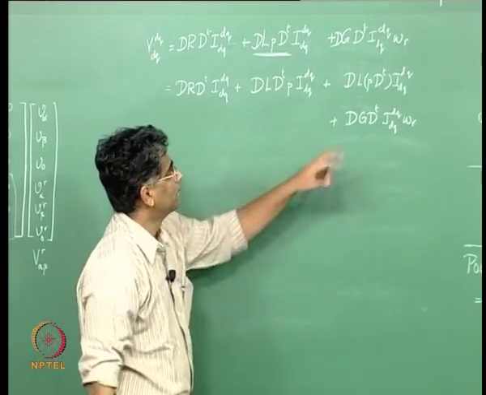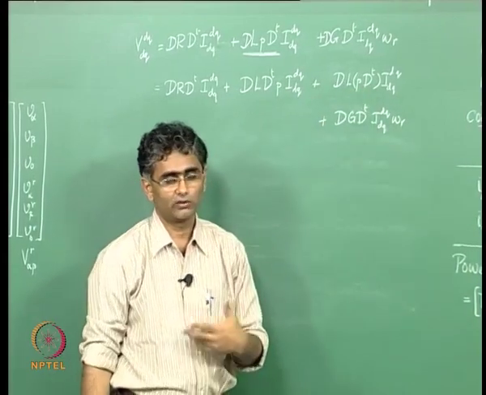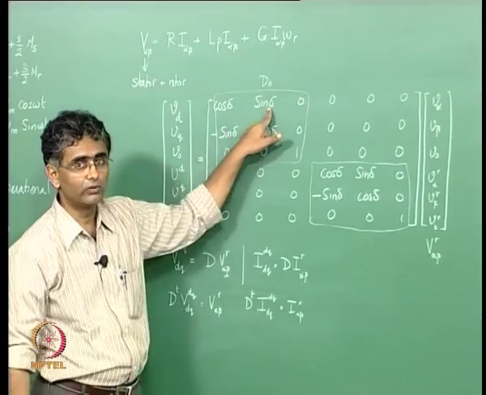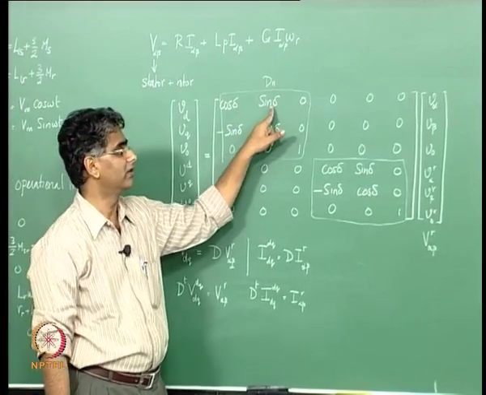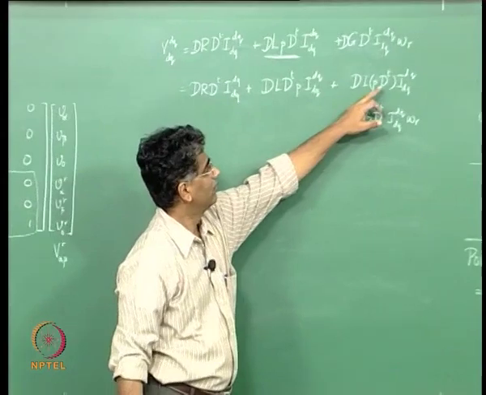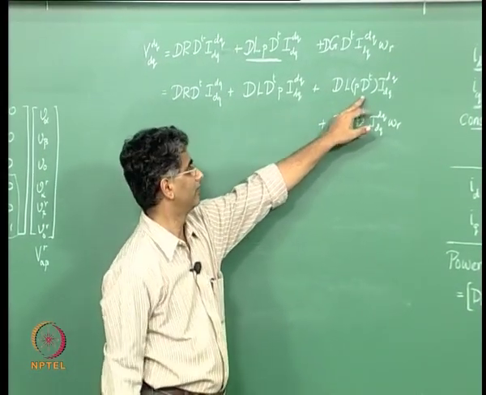Now, in this term P d transpose, you are taking the derivative of d, and d depends on delta, therefore you will get a d delta by dt term, which is then your term which depends upon the speed of the reference frame.